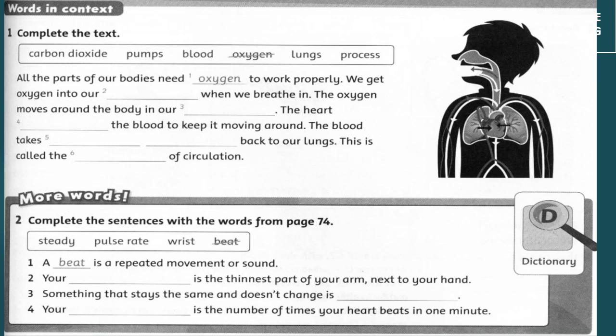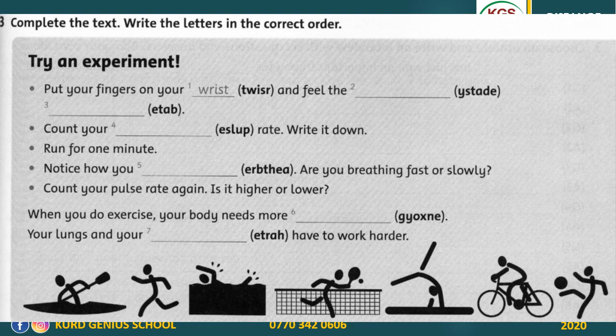His condition has been steady. It has not changed. That's why we say that his condition has been steady for some time now. That's what steady means. Number 4 says your pulse rate is the number of times your heart beats in 1 minute.